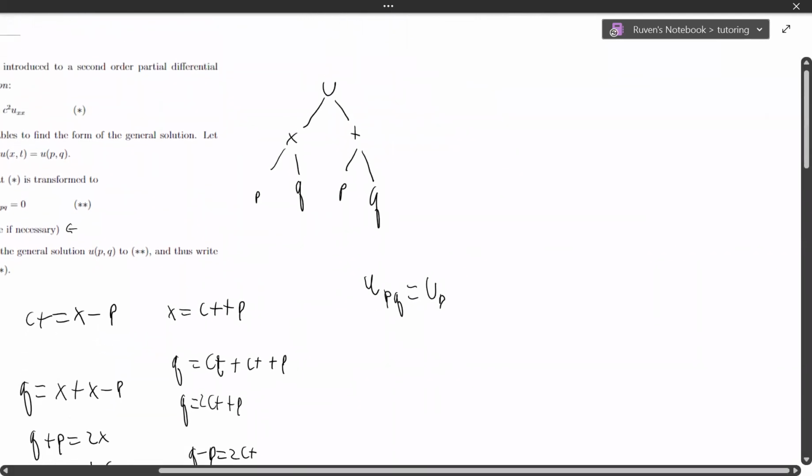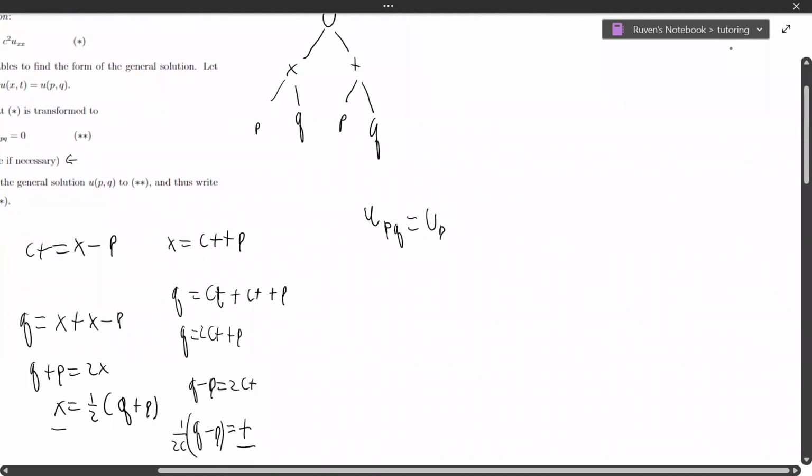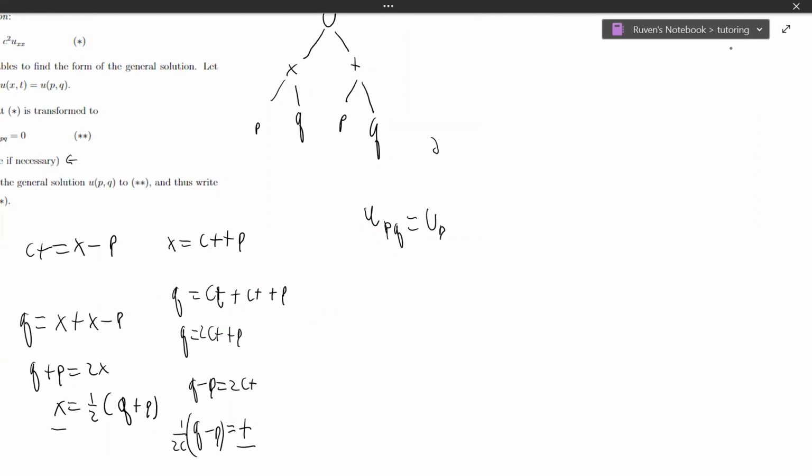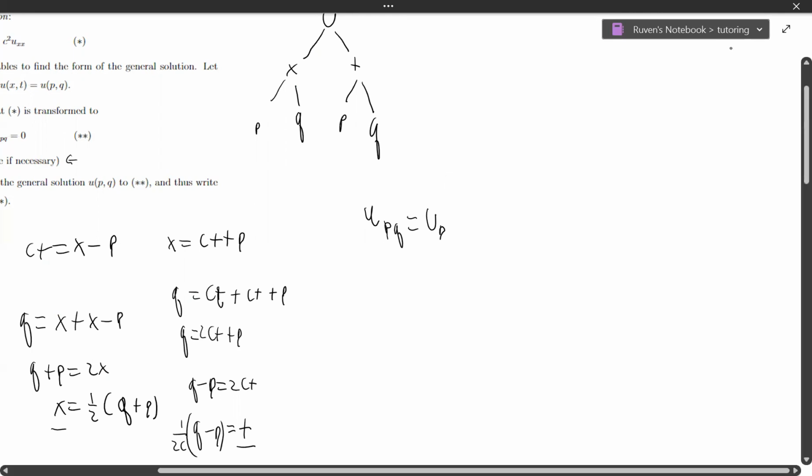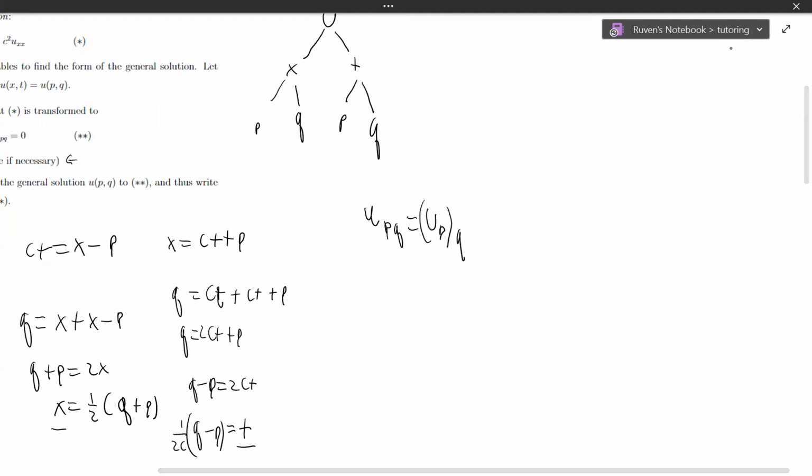In the answers, we may have seen it using the Leibniz notation, where it's ∂u over ∂p, or ∂²u over ∂p ∂q. But I'm just going to write it like this, so it's a lot easier to see and write down, at least for me. So u_pq.